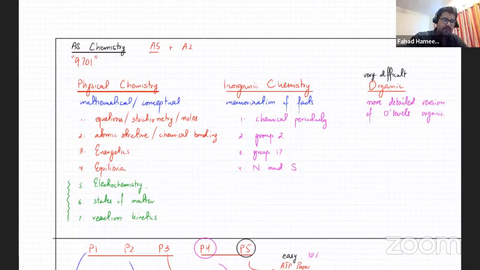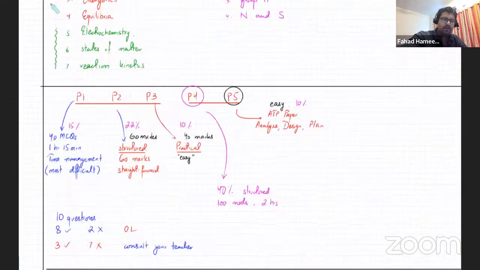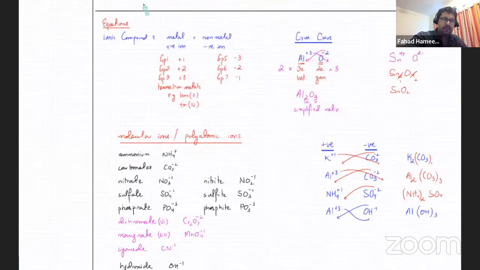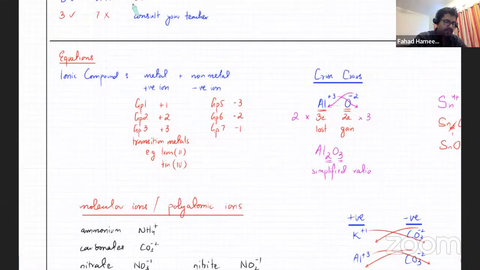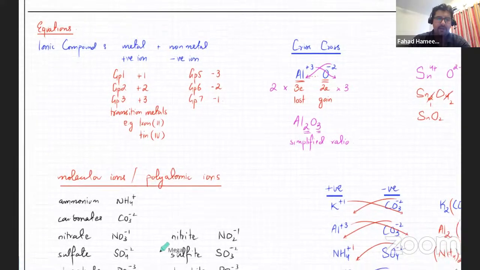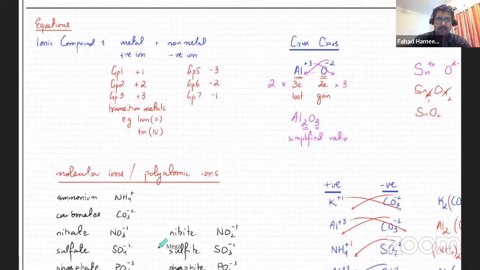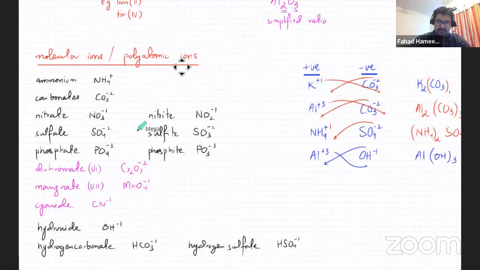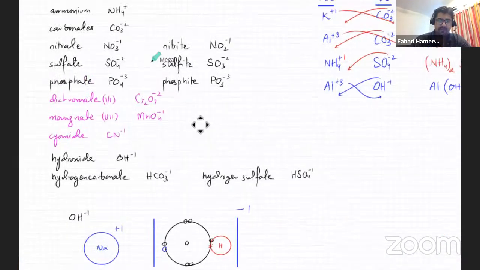So we're going to start where we left off, with a quick recap of everything that we were up to. We did the crisscross method. We talked about polyatomic ions, molecular ions.